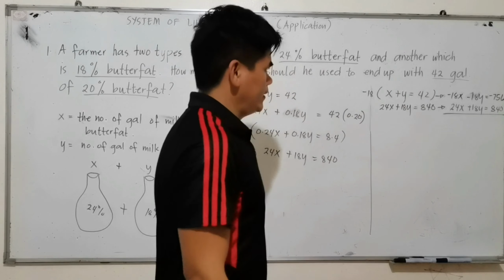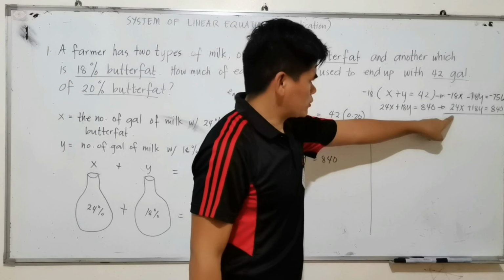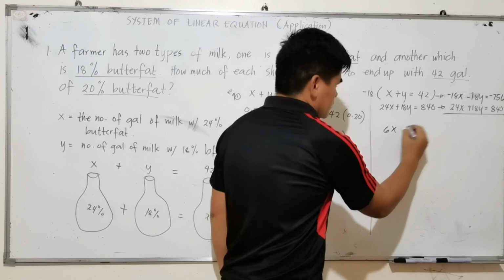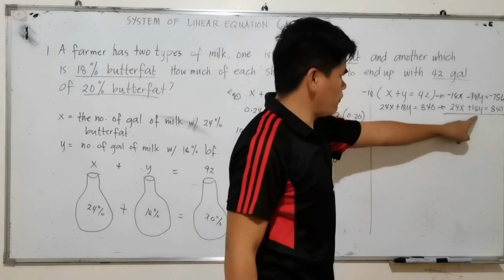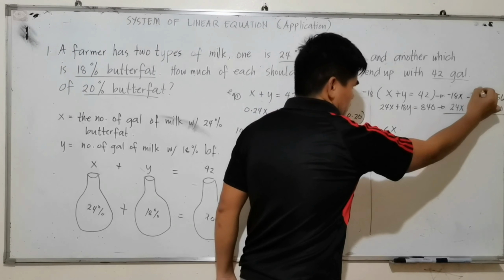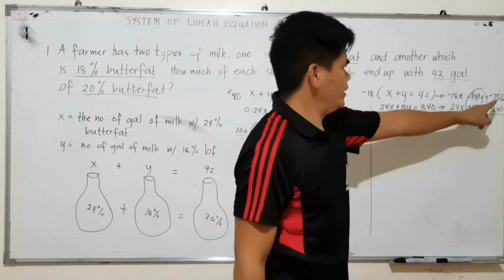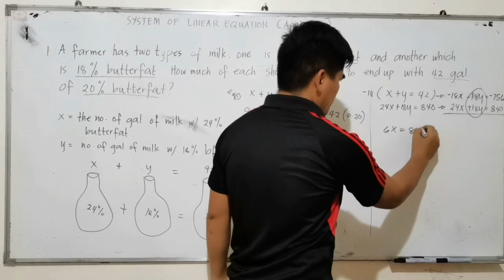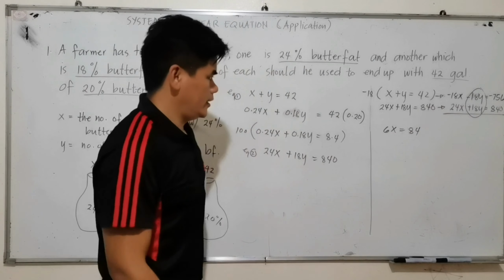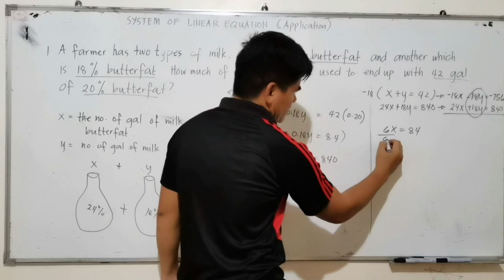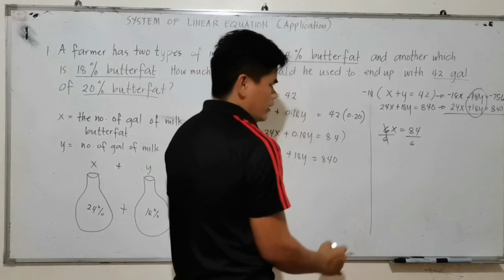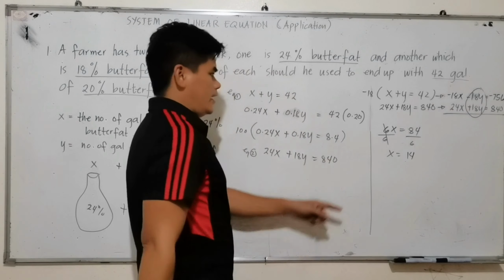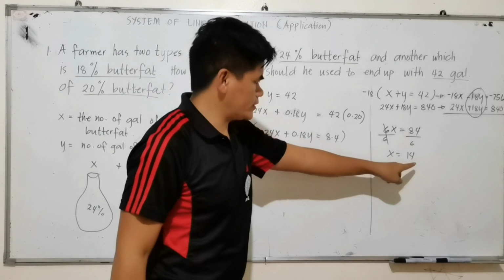Negative 18 plus 24 is 6, so we have 6x. Negative 18y plus 18y is 0, so this will be eliminated. Negative 756 plus 840 is 84. Now, dividing both sides by 6, we have x is equal to 14. 84 divided by 6 is 14.